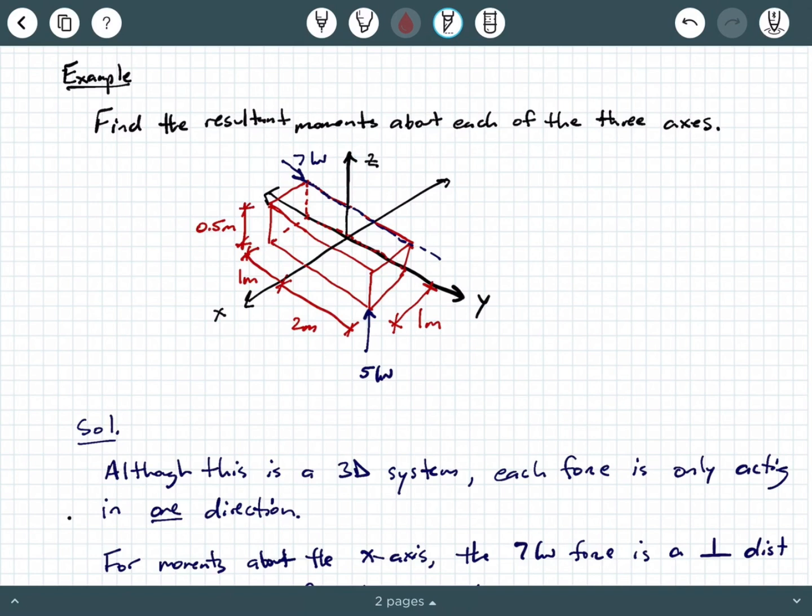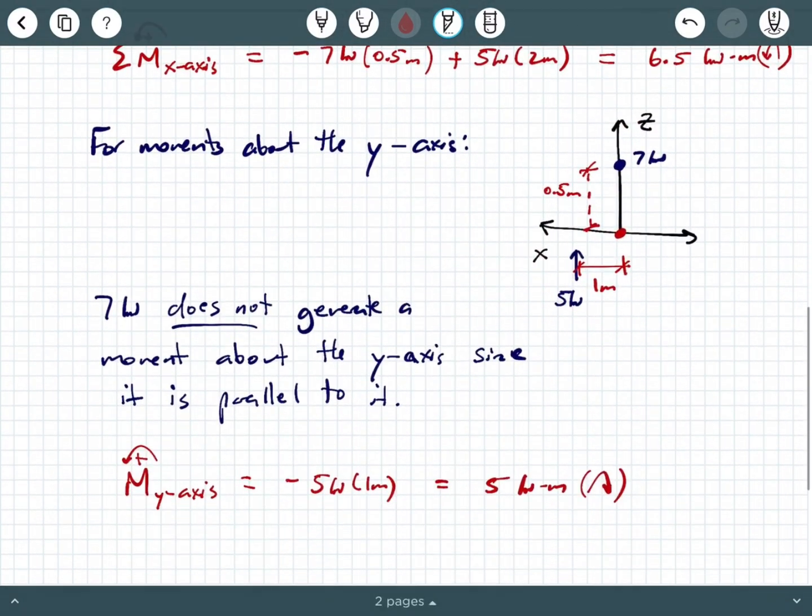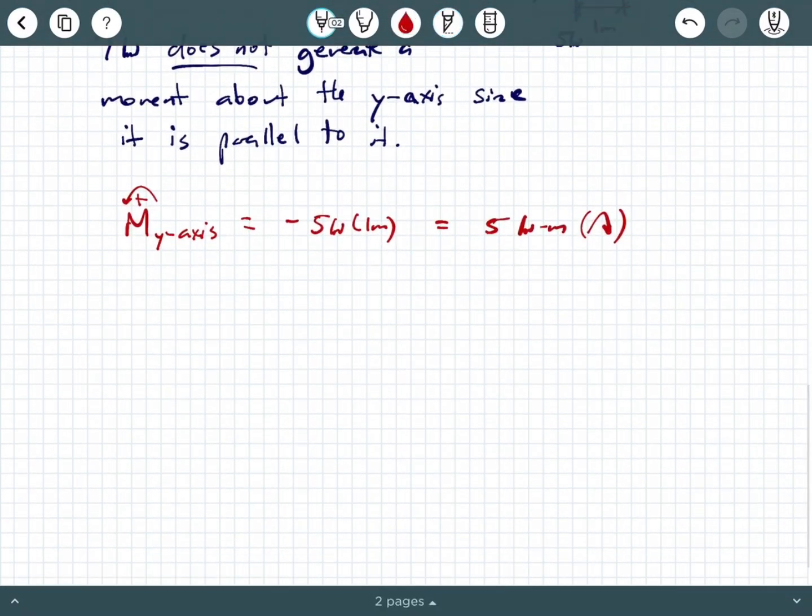So that's not going to generate a moment around the z-axis. Also, looking at the 5 kilonewtons, yes, it is some distance away from the z-axis, but look, it's also parallel to the z-axis. So again, not generating a moment about the z-axis.